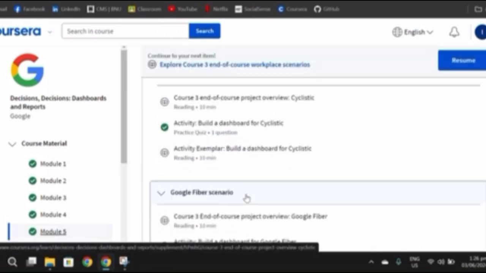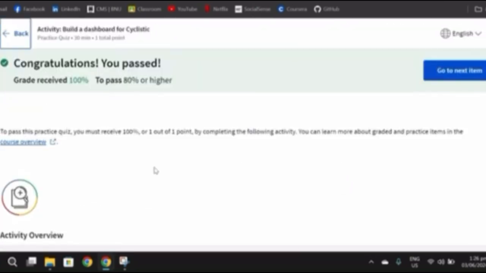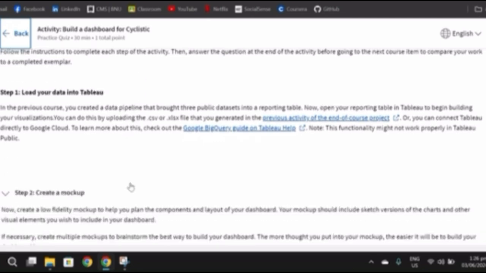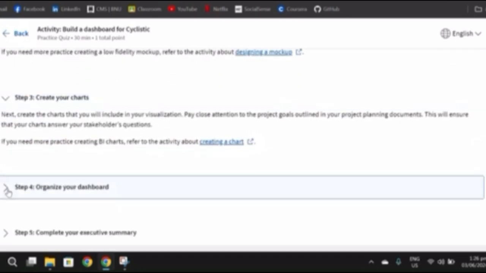So in module 5, we had to work on a project. Just like the previous module, we were given scenarios, in which I went ahead with the cycle scenario. The first step was to draw the data from the course project of the previous course.